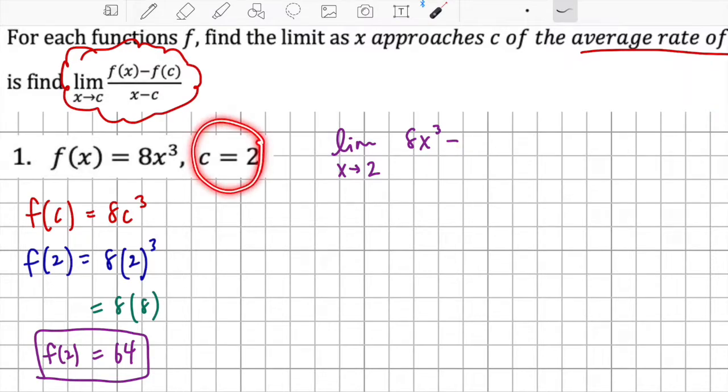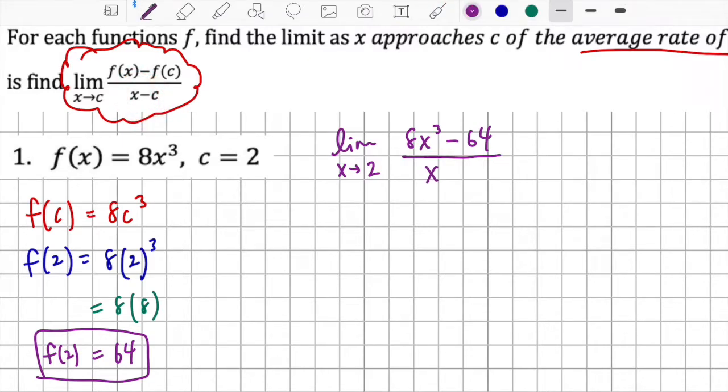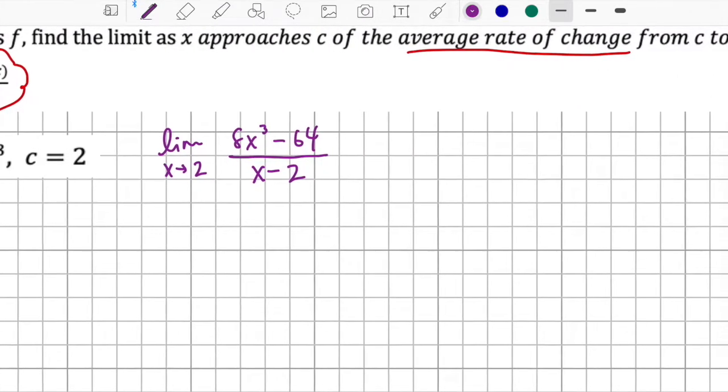But remember, c is 2. That's why I wanted to calculate it outside over here. So f of c is going to be my 64. So I'm going to plug it in here, 64, divided by, and now if I keep looking at the average rate of change, it says x minus c. Again, x minus c. And instead of c, because c is equal to 2, we're going to write x minus 2. That's how we set it up.